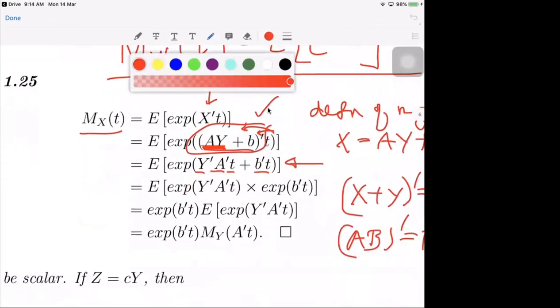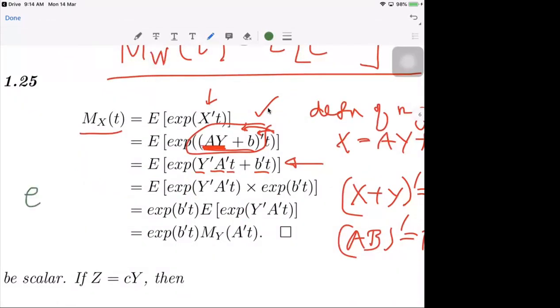And then e to the a plus b can be written as e to the a times e to the b, correct? So this is what happened in the next line: the exponential of Y prime A prime t plus b prime t is the product of e to the Y prime A prime t times e to the b prime t.